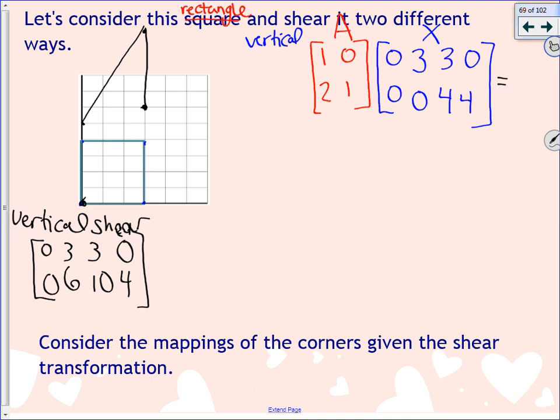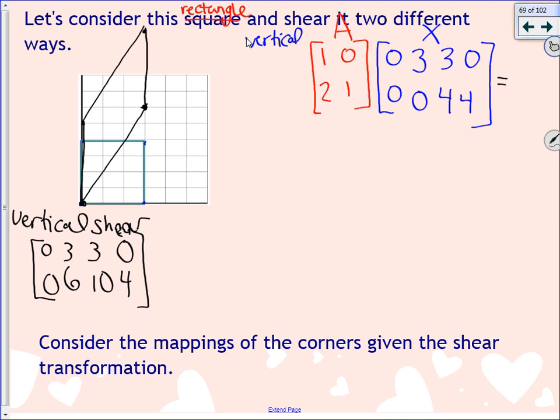So this is a vertical shear. So one side just moved. The left top one isn't supposed to be the same.